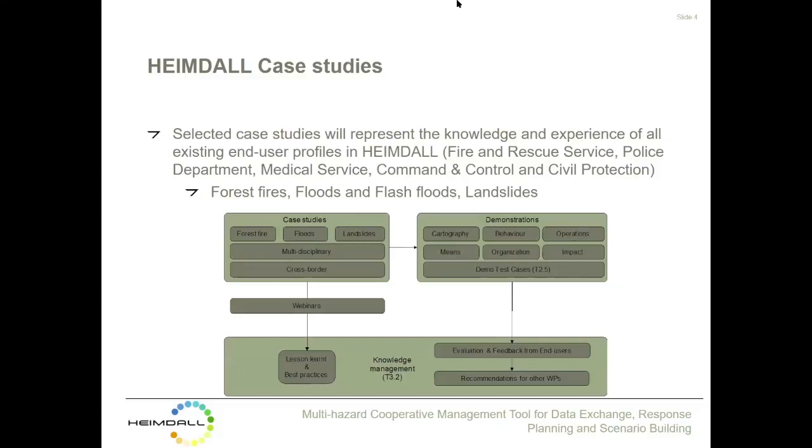All knowledge from the emergency management experiences that HEIMDALL will gather, store, and analyze comes from the end user partners, but also from the information, lessons learned, and best practices identified along their management of emergencies. For the HEIMDALL consortium, the way to gather all this data and knowledge will be by collecting a series of case studies of relevant incidents about the three main hazards of the project.